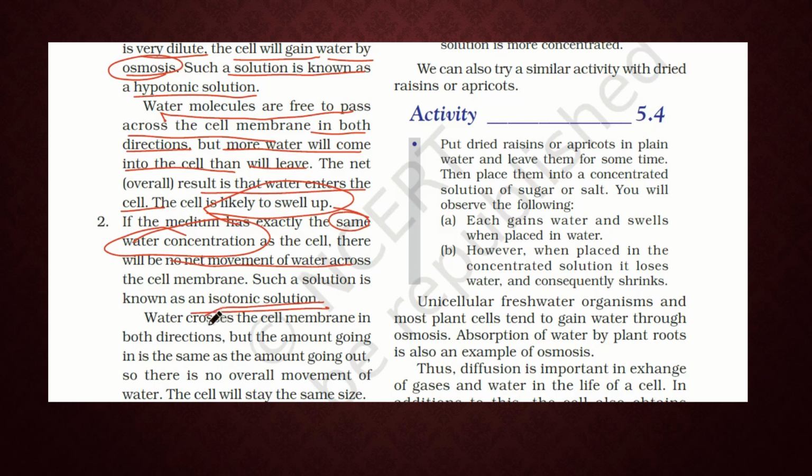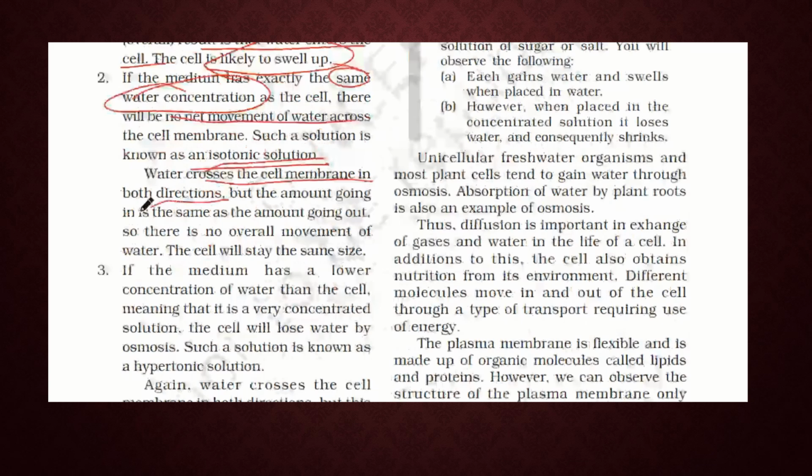Water crosses the cell membrane in both directions, but the amount coming in is the same as the amount going out. So there is no overall movement of water. The cell will stay the same size. Whatever water is moving inside, that amount of water is moving outside, so the cell volume will remain constant.